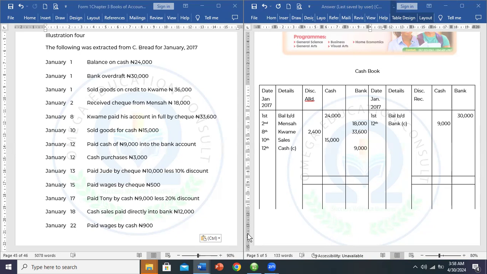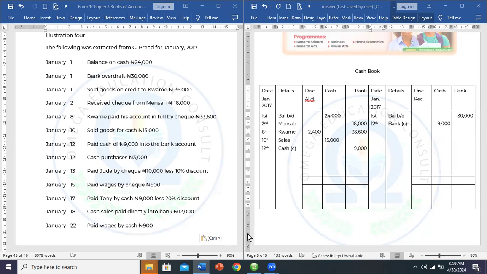So does that mean that? Oh no. Don't confuse yourself, Prof Frank. When I say cash will never have a credit balance, it doesn't mean that we don't credit the cash account. No. We have been crediting the cash anytime we make payment of cash. But I'm saying at the end of the period, when you are doing your balance carried down, brought down, that's the balancing I'm talking about.